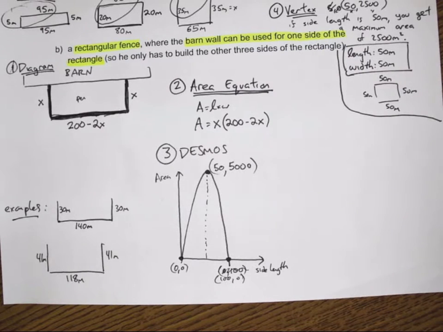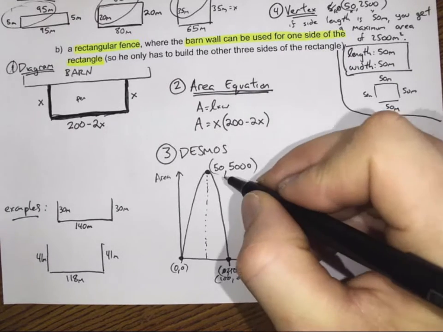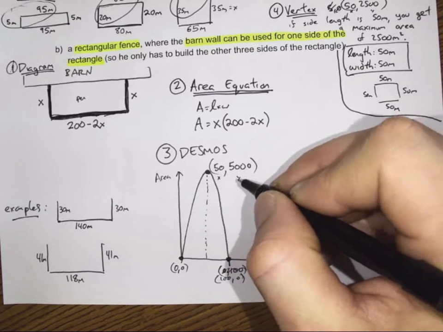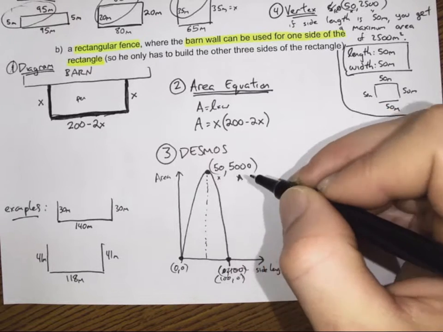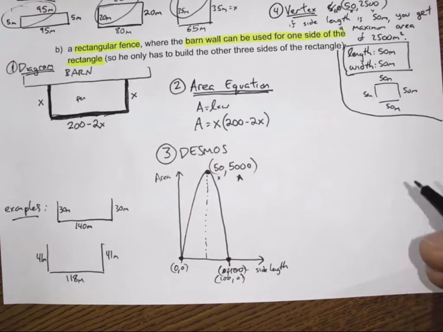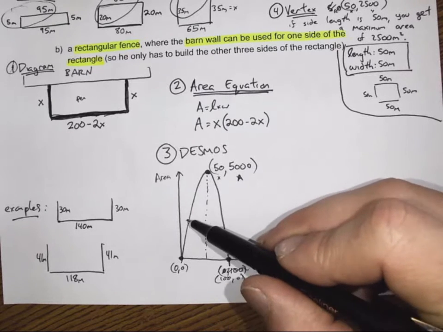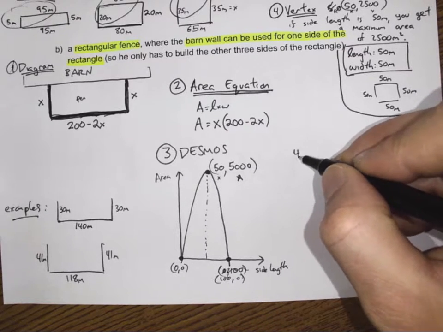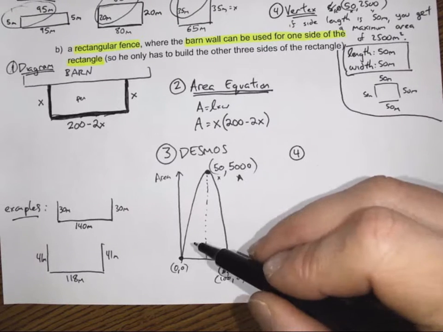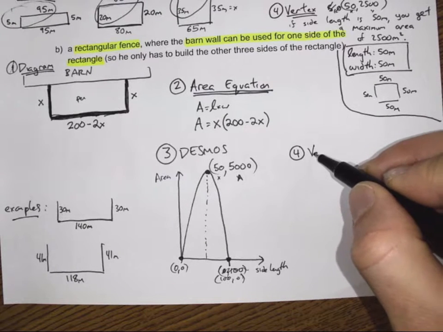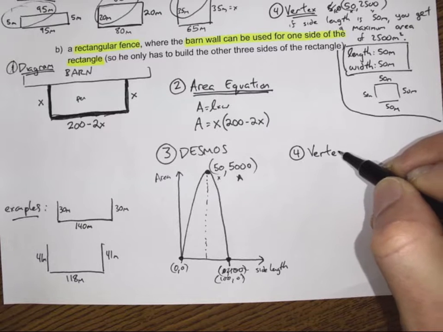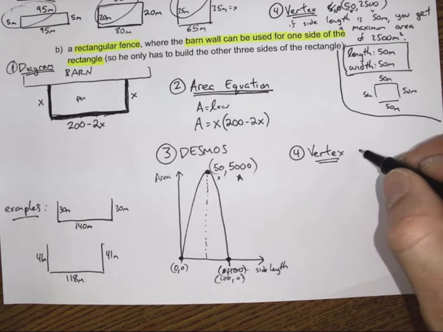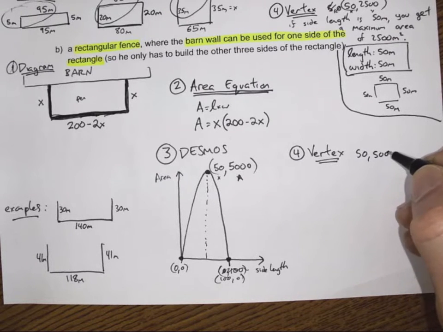However, if I look at this value of x and this value of A, we're going to find we have enclosed a maximum possible area of all these potential side lengths. And so we're going to look at our vertex here. That's the point 50, 5,000.